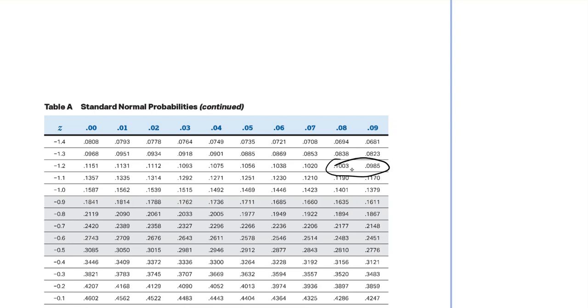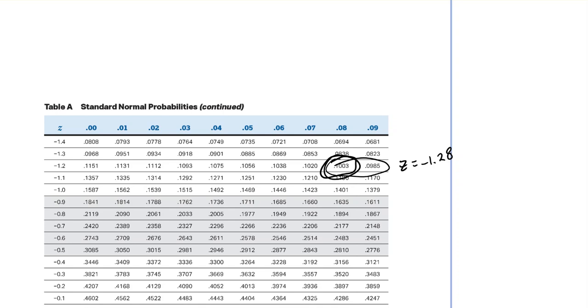So since this area of 0.1003 is closer to 0.1 than 0.0985, I'm going to take the z-score corresponding to this value. So z is equal to negative 1.28. And that does fall between 1 and 2 standard deviations below the mean, just like I expected.